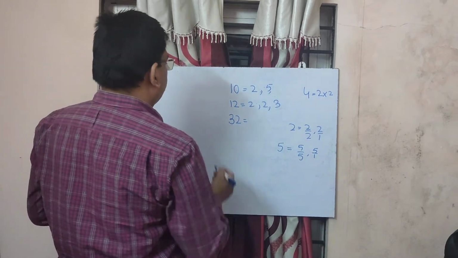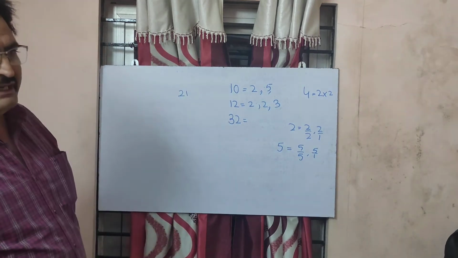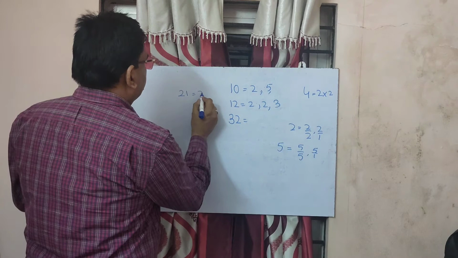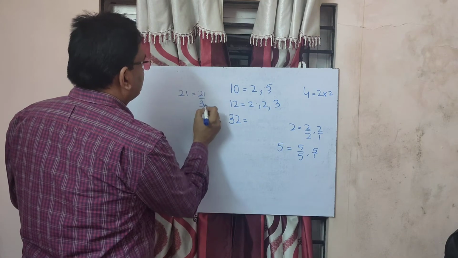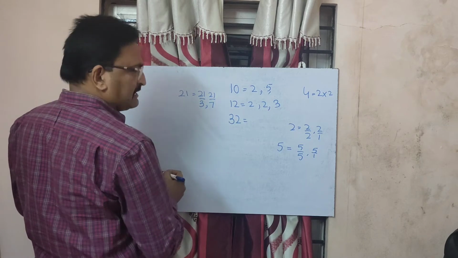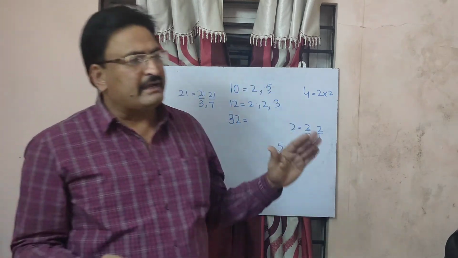Another number, if we take 21. 21 can be divided by 3. 21 can be divided by 7. Means there are other numbers which can divide it.